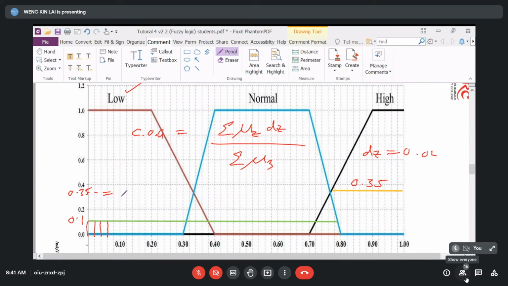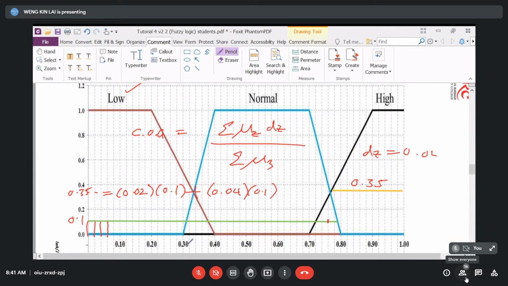Now the first one is 0.02 multiplied by 0.1, plus the next one is 0.04. So we take sampling points of 0.02, 0.1. You can see I can shortcut this. I can do all the way until somewhere here.